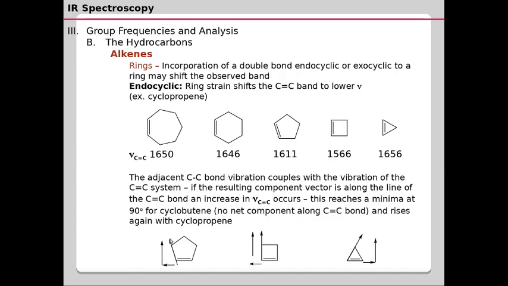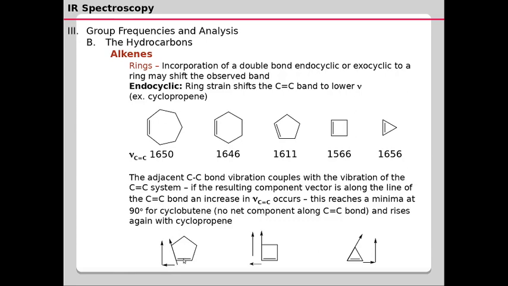One component lies along the direction of the carbon-carbon single bond, and the other component is perpendicular to the direction of the carbon-carbon double bond. These are the two resolvable components of the carbon-carbon single bond vibration, and you shall see that there is no possibility of coupling between this vibrational mode of the carbon-carbon single bond and this vibrational mode of the carbon-carbon double bond.